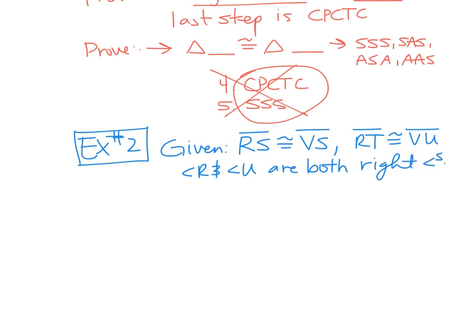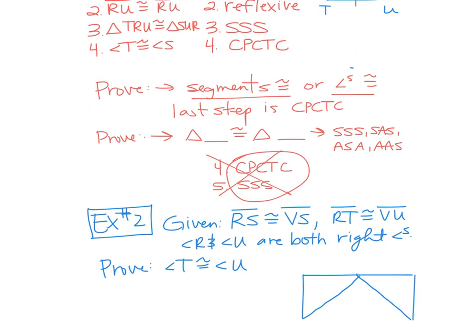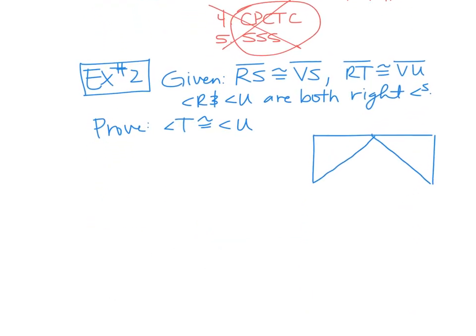Okay, and we want to prove angle T is congruent to angle U. So what do you think the last step of your proof is going to be? If we're proving angles congruent, what's your last step going to be? CPCTC, okay? So you don't want to stop at SSS, SAS, all that.